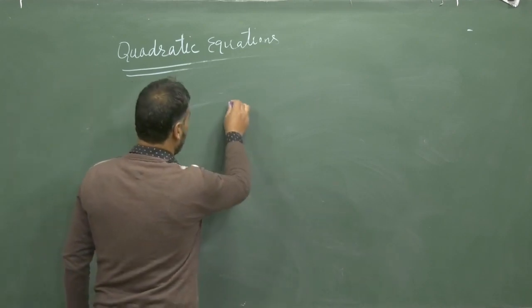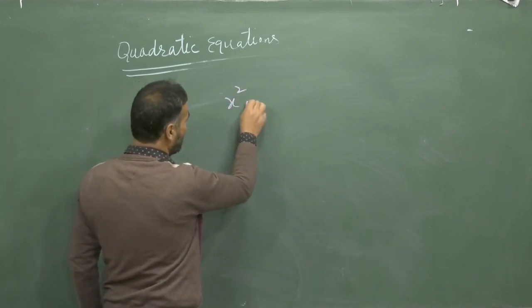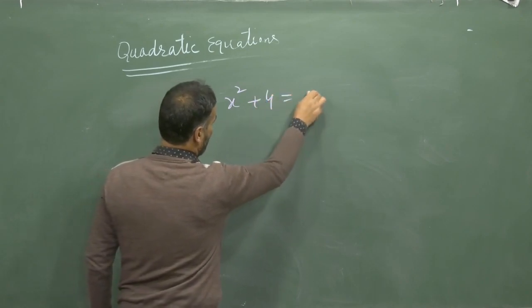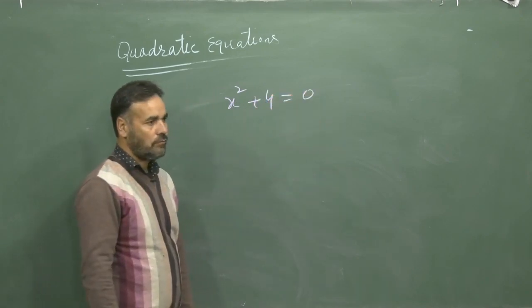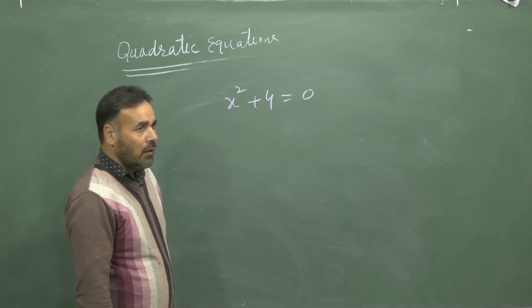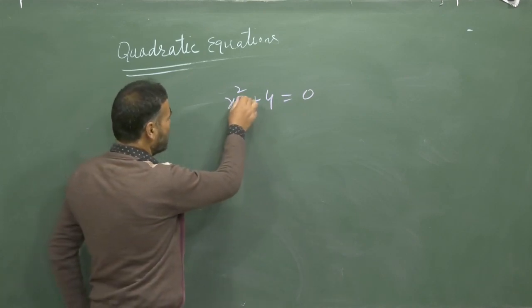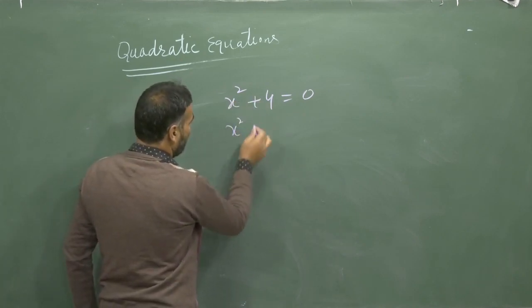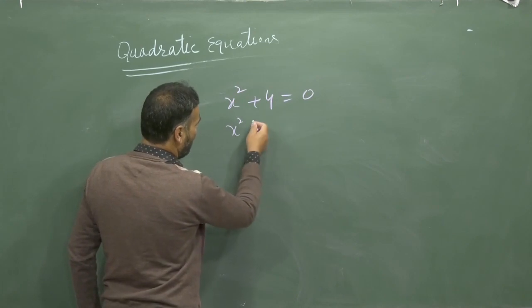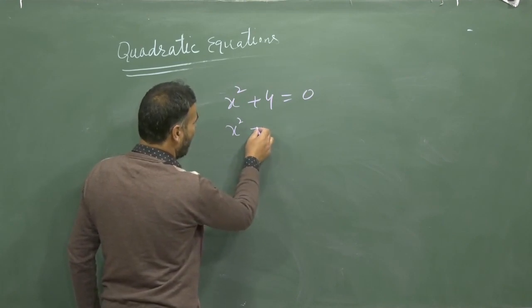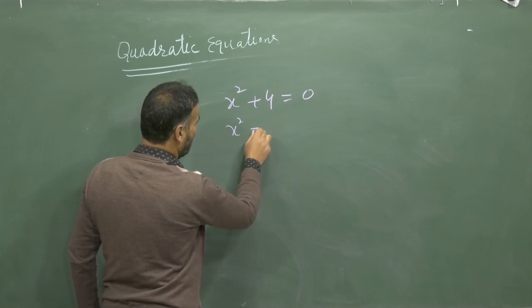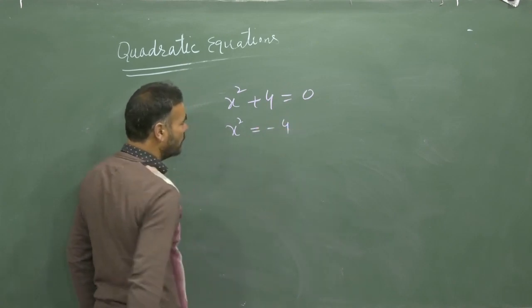Let us take an example: x square plus 4 is equal to 0. Can we say x square, 4 you can transpose, is equal to negative 4.